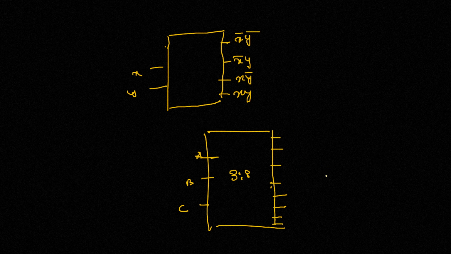The first one is A dash B dash C dash, then we have A dash B dash C, and so on. We have 8 outputs.